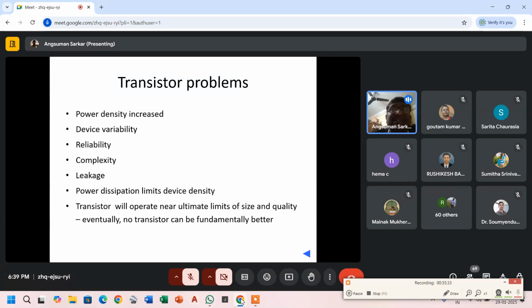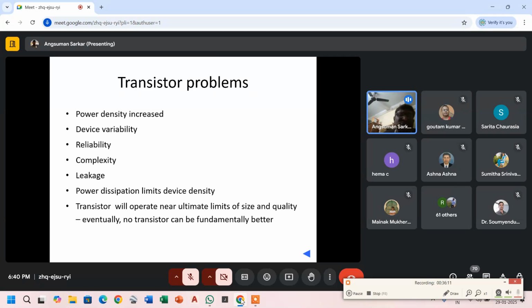So variability doesn't affect those transistors, but variability will have a huge impact particularly for ultra scaled or nanodimensional transistors, in the decananometer range, that is 3 nanometer, 4 nanometer, 7 nanometer. Variability will play a hugely important role, and that will impact the reliability of the transistor also. The transistor will be less reliable. They will not work properly. That is one of the major problem areas in a transistor.